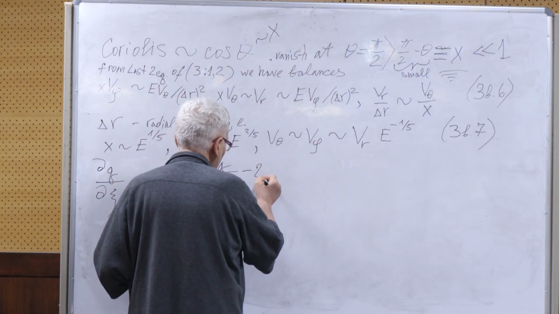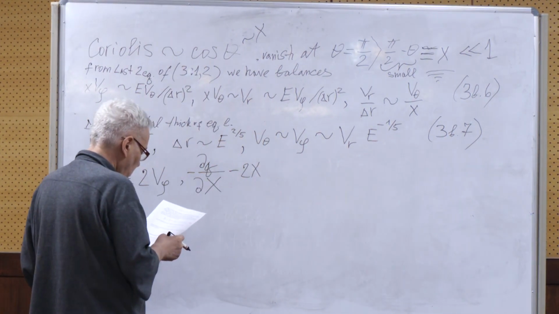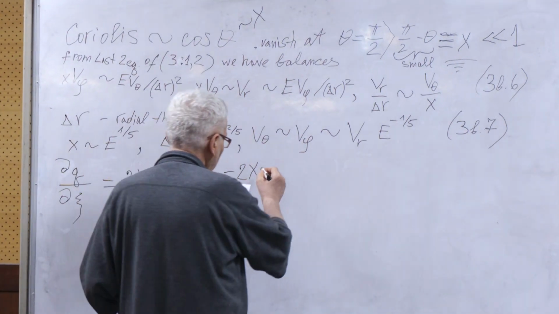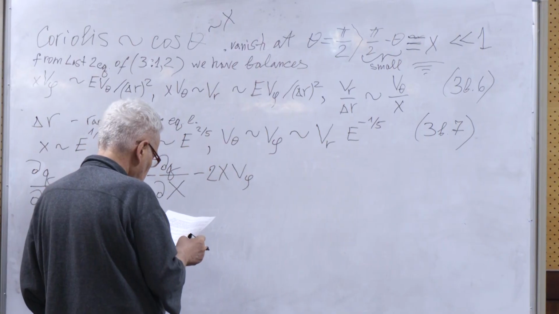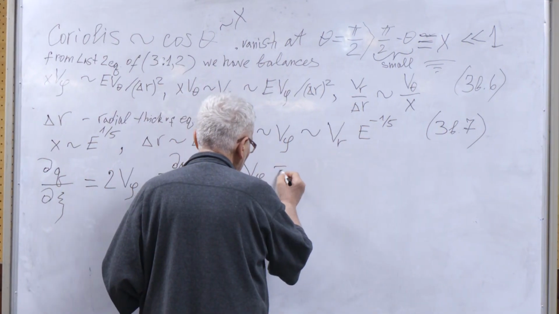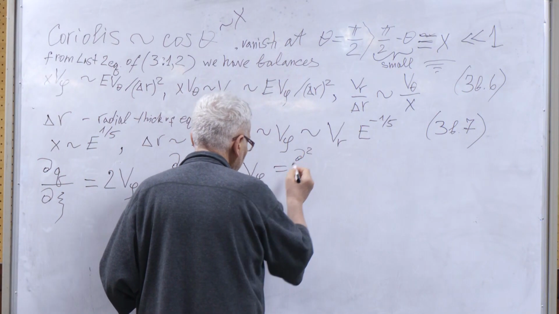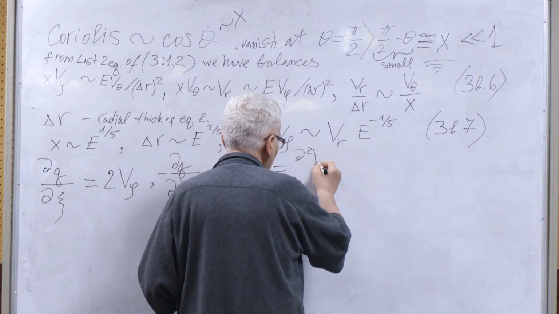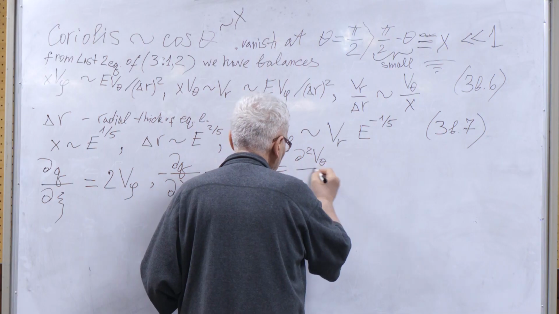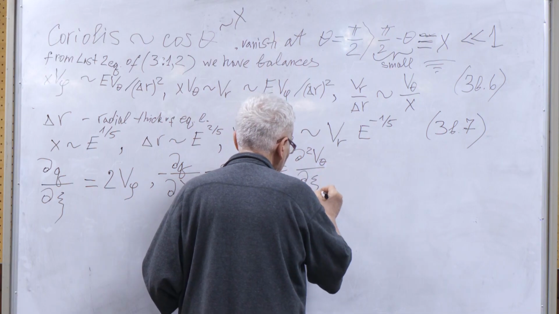Minus 2x, v phi, and it's equal to the second derivative of v theta, again dx.